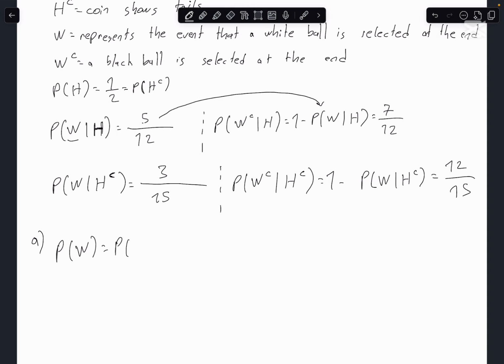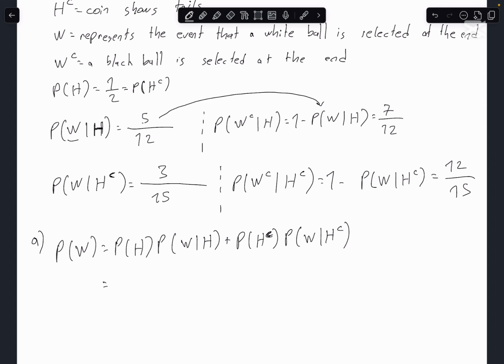Probability of heads multiplied by probability of whites given that heads, plus probability of head complement multiplied by probability of whites known that head complement. We have to find this to calculate the probability of getting a white ball.